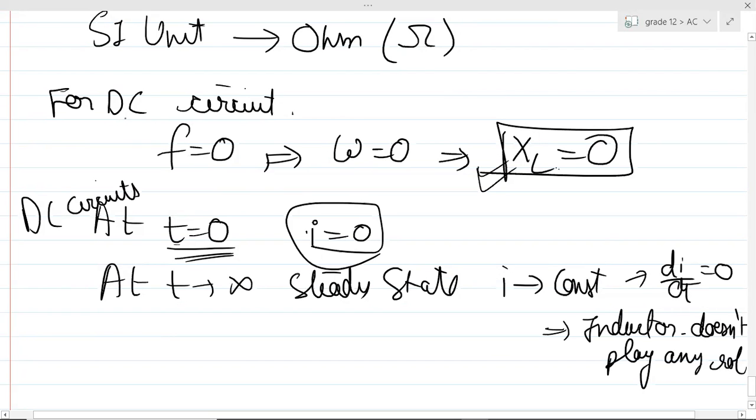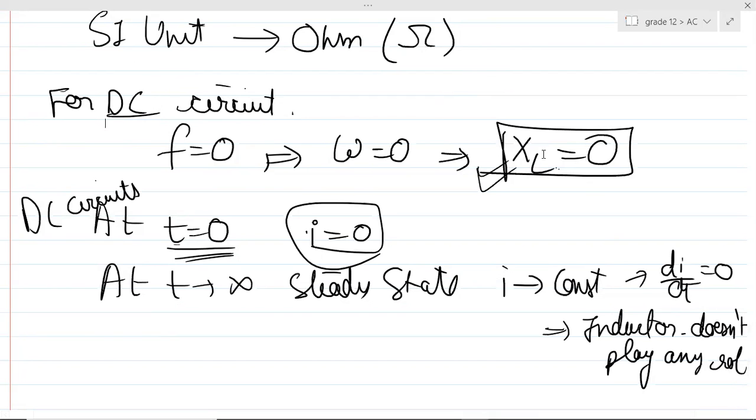So you can analyze with the help of DC as well. For a DC circuit, the frequency is 0, omega is 0, then XL is 0. If the current is not changing, the inductor will not oppose anything.